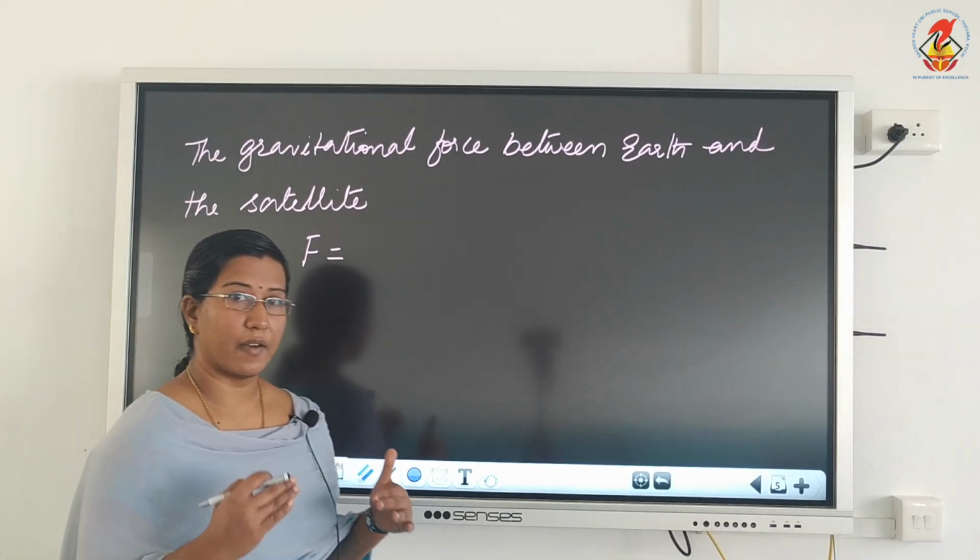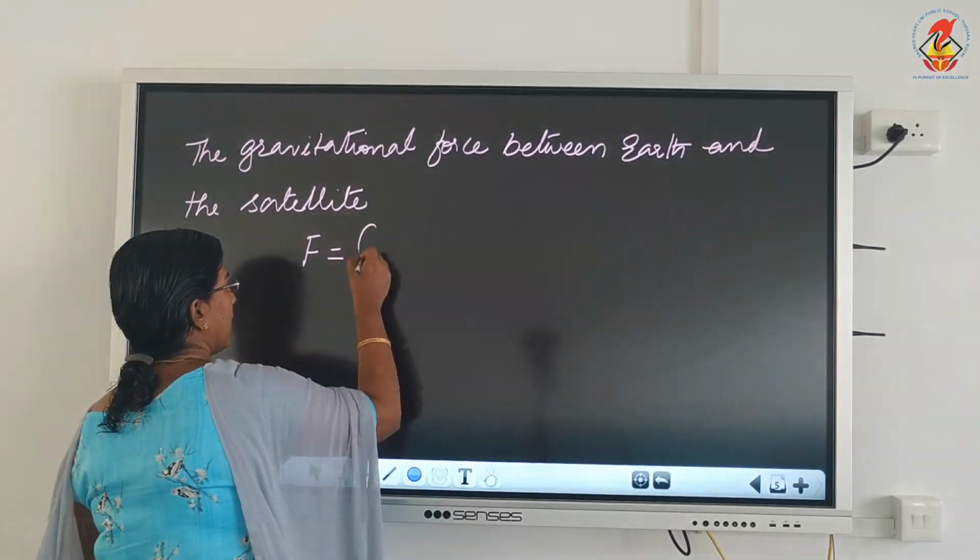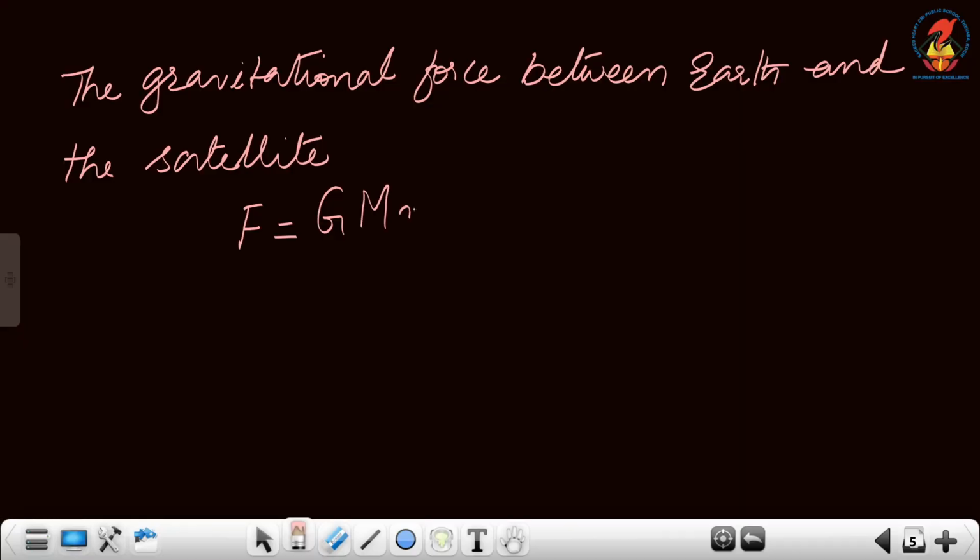Now in our case it is G, mass of the Earth, mass of the satellite divided by the distance of the satellite from the center of the Earth, that is r plus h, the whole square.